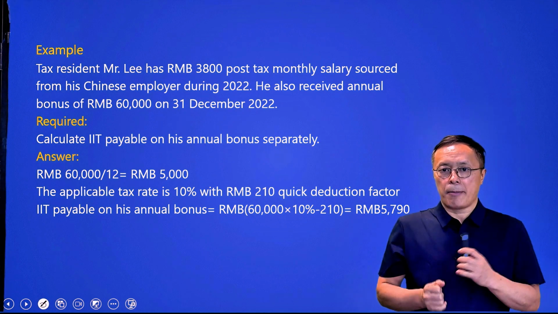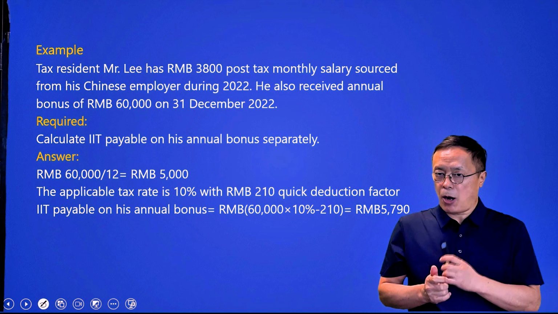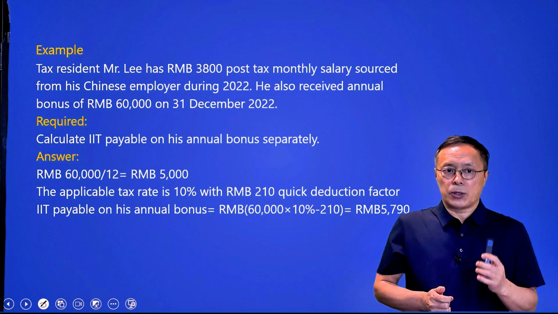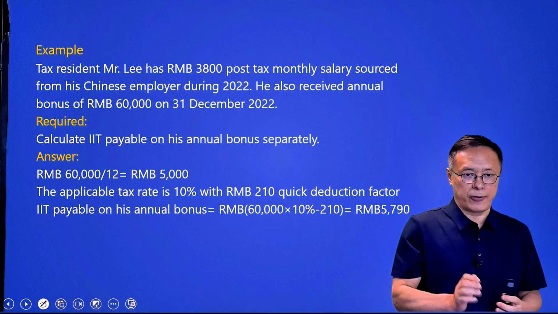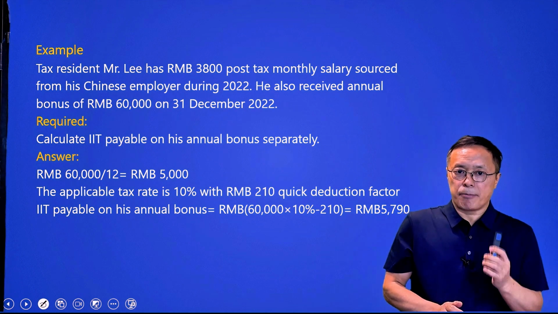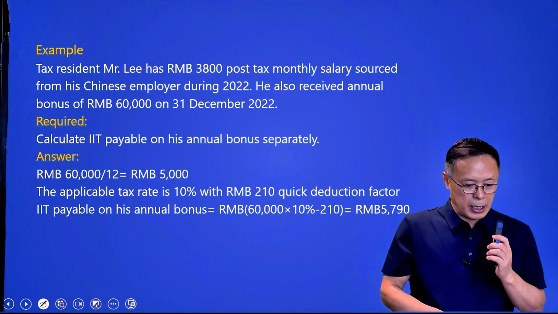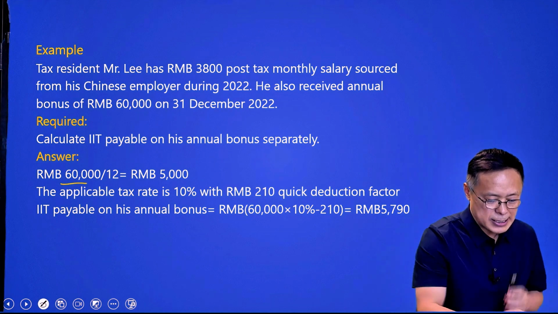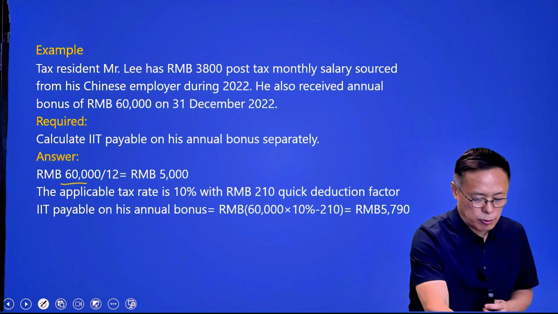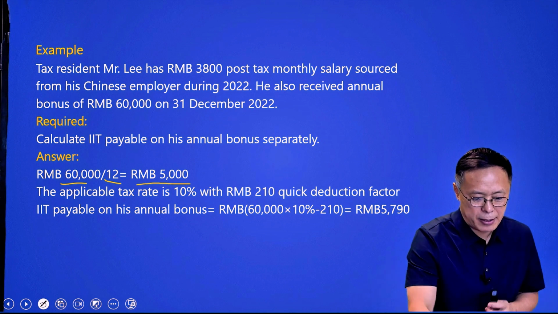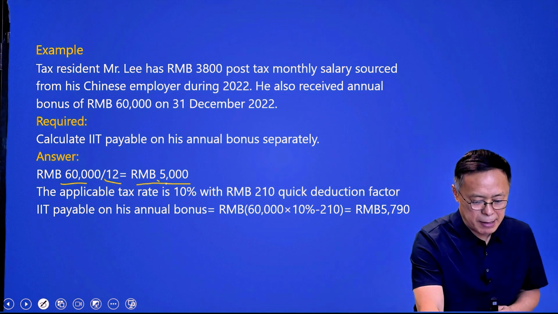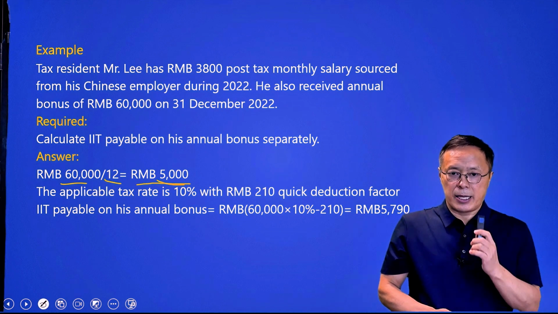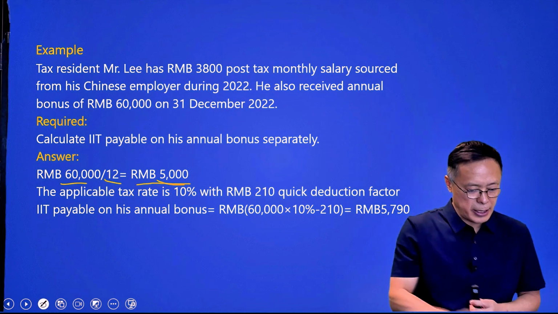In this example, Mr. Lee chose the second option, so we don't need to consider the first option. Let's look at the answer. Firstly, divide the amount by 12. Here, the whole bonus 60,000 divided by 12. The value is RMB 5,000. Based on this value 5,000, reference the tax rate table.